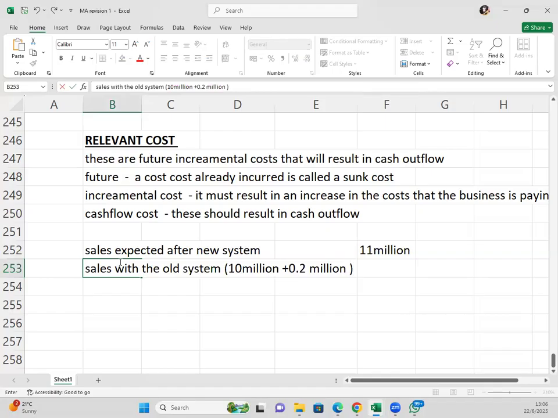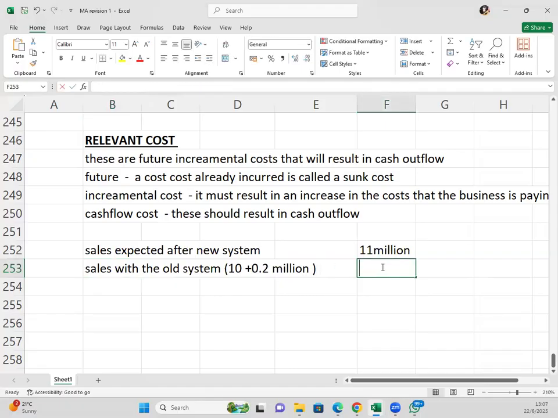So it means the sales are expected to be 10.2 million with the old system. So the incremental revenue, if the new system is implemented, is 800,000 or 0.8 million.